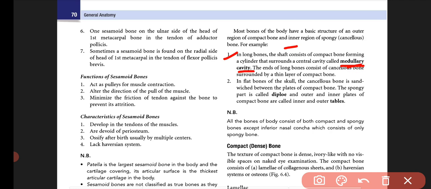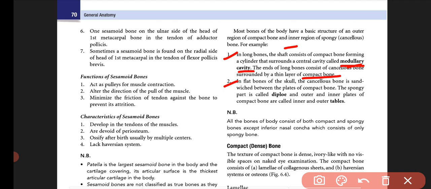The ends of the long bones consist of cancellous bone surrounded by a thin layer of compact bone.